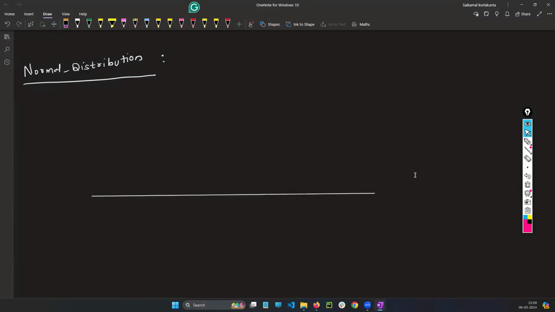Suppose this is the mean, this is the first standard deviation, the second, and the third. This is the negative side first, second, and third standard deviation. Negative side and positive side.